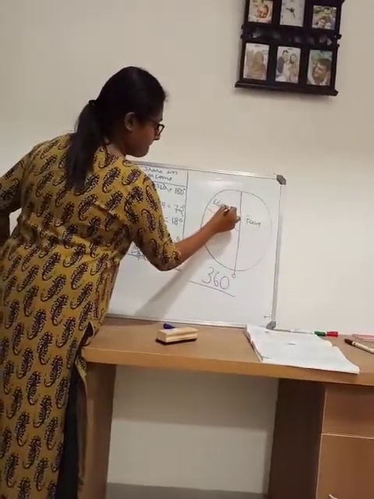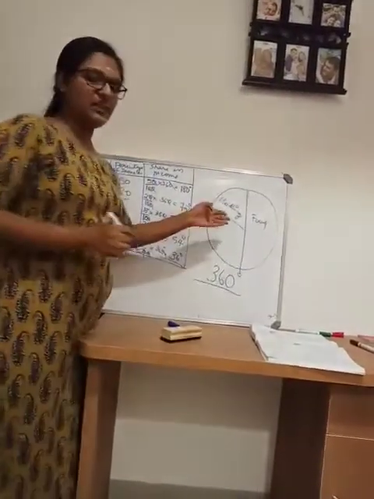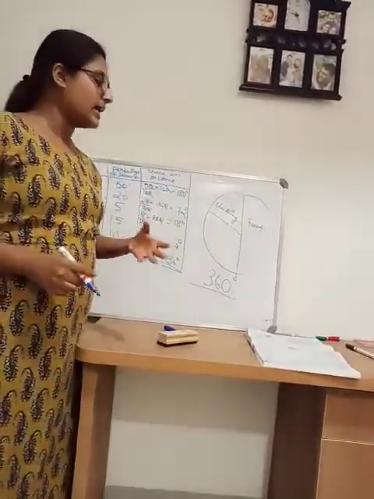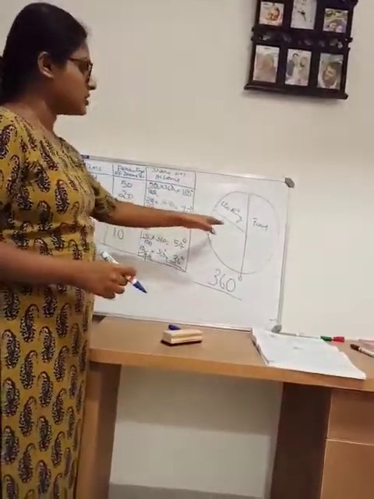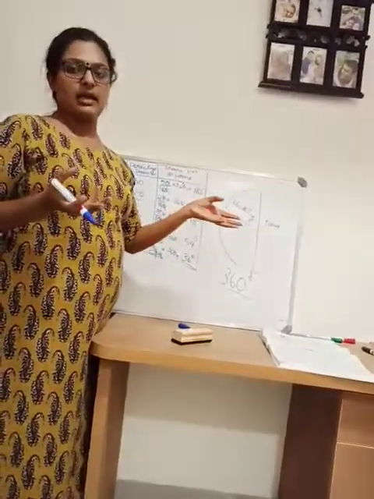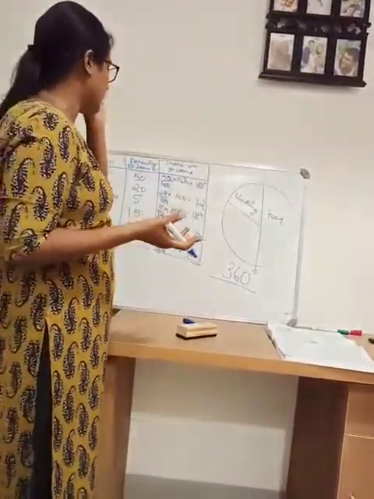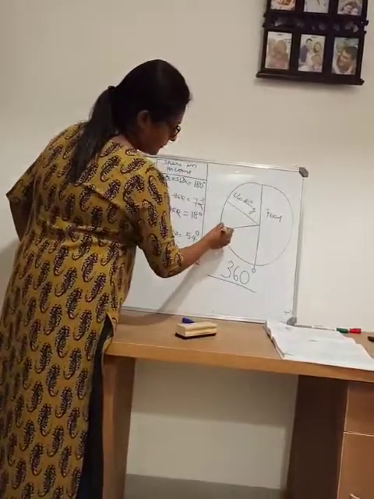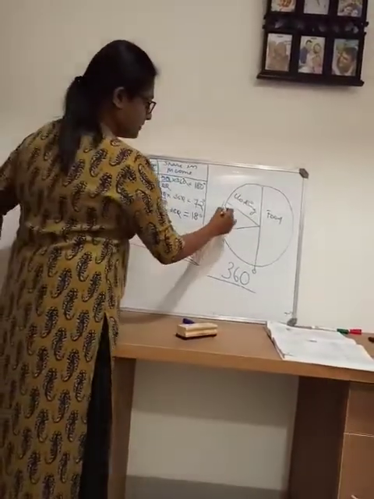Actually for this you have to take a protractor, but no need. We are not able to carry a protractor every time. You have practiced all these things in maths, so just take approximately whatever it comes. Next highest is 54. So 54 is rent.